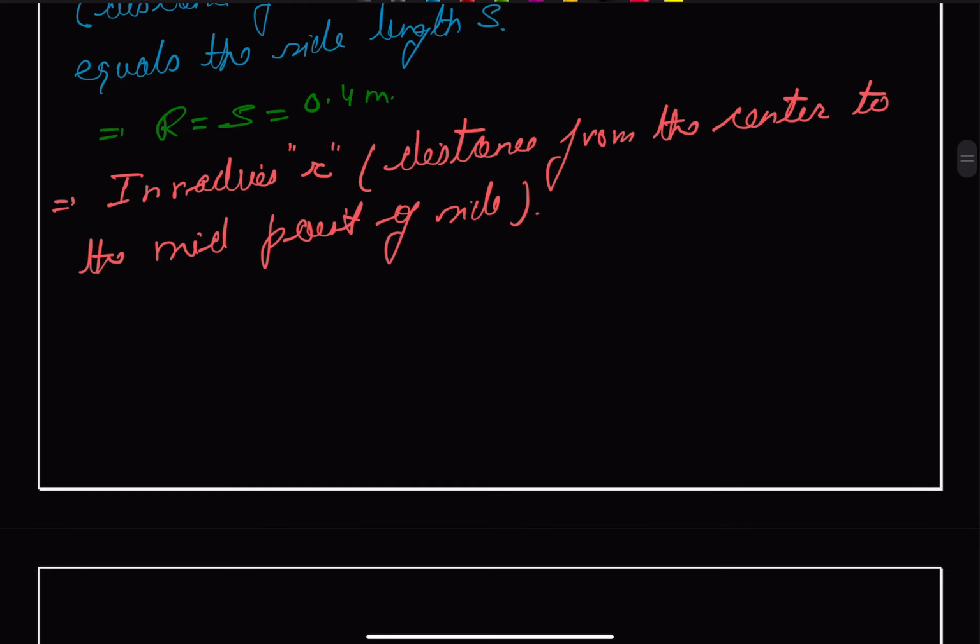And for that we have a standard formula that our r is equal to square root of 3 divided by 2 multiplied by s, and this comes as square root of 3 divided by 2 multiplied by 0.4, and this gives us this. Our r is approximately equal to 0.3464 meters.